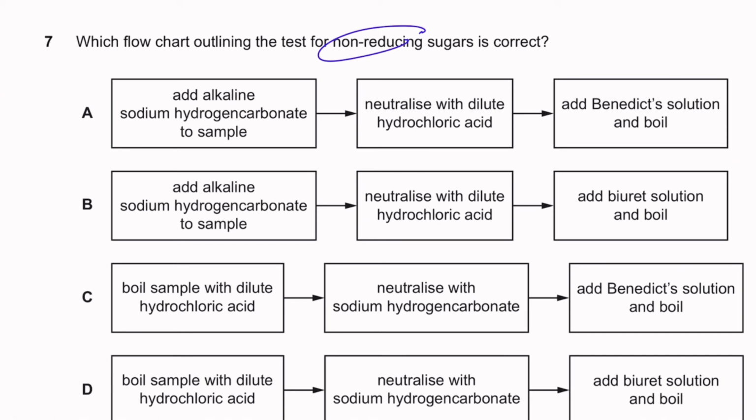So we're going to have to break down the non-reducing sugar and see if the solution after the breakdown tests positive for reducing sugars. An example of a non-reducing sugar is sucrose. Sucrose is a disaccharide. Disaccharides, when broken down, turn into monosaccharides. All monosaccharides that you know are reducing sugars. And so if there was a non-reducing sugar, once it's broken down, the test should be positive.